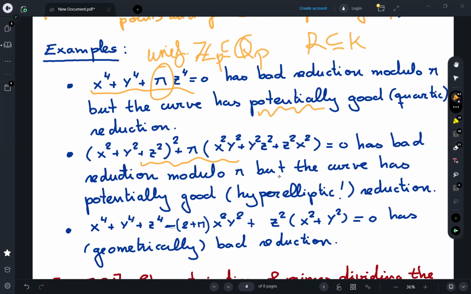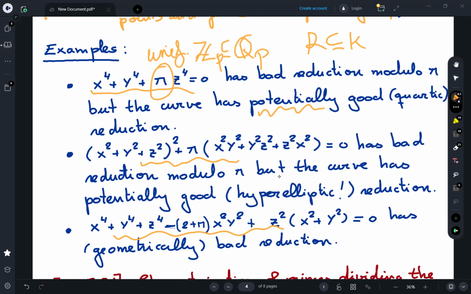And then, for instance, you get another case. Here, I gave you another example. This Ciani quartic. Here, you get a pi in the discriminant, so it's bad reduction for this model. But actually, whatever the model, you get bad reduction.